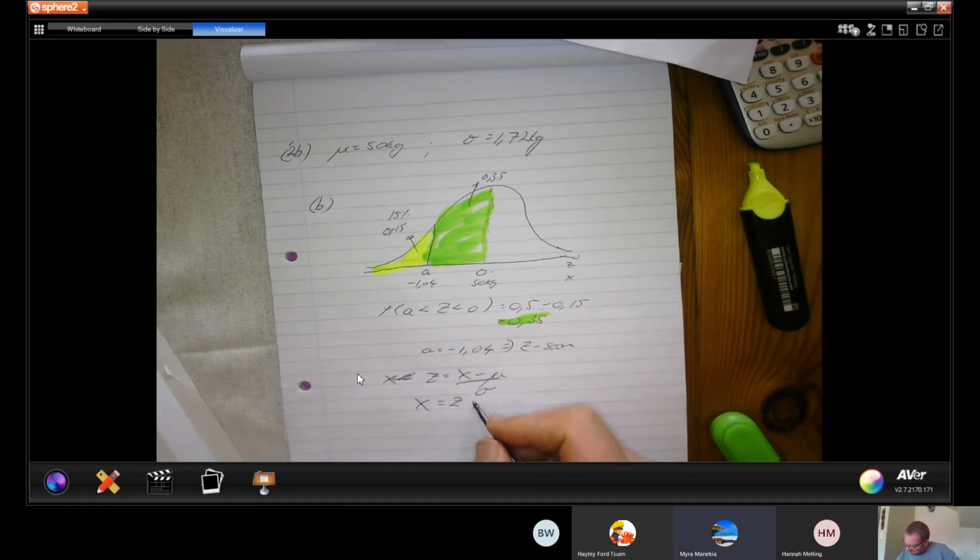You're way ahead of me. X is going to be Z times sigma, first of all, plus mu. So Z is negative 1.04 times 1.72 plus 50. Indeed, you are correct, Myra. Lob that into your calculator.